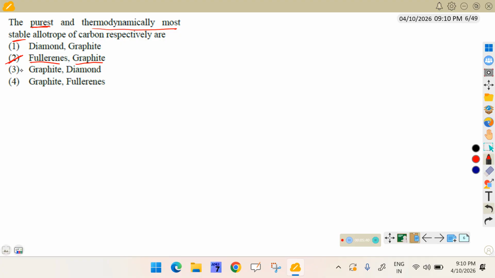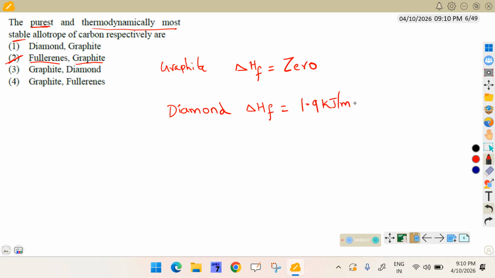Second option is correct, because for graphite the enthalpy of formation value is 0. Diamond is very hard but not thermodynamically most stable, because diamond enthalpy of formation value is 1.9 kilojoule per mole.